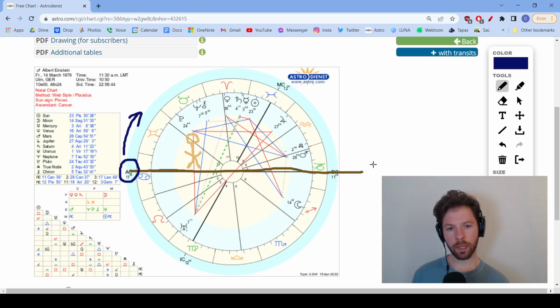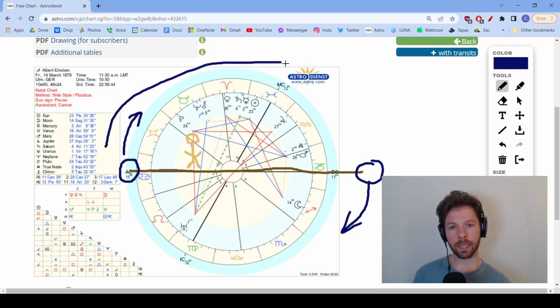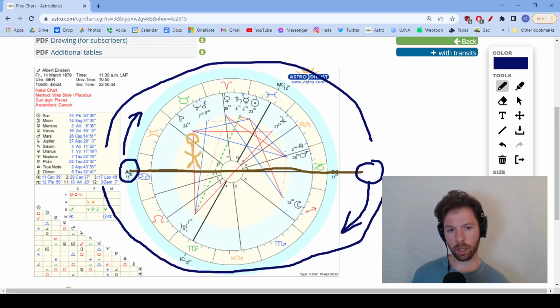And this point over here, on the other end of the horizon, the descendant, is where the sun sets at night. So up here we've got the sky above us, and then down here we've got the sky under us, the sky that we can't see because it's on the other side of the earth.